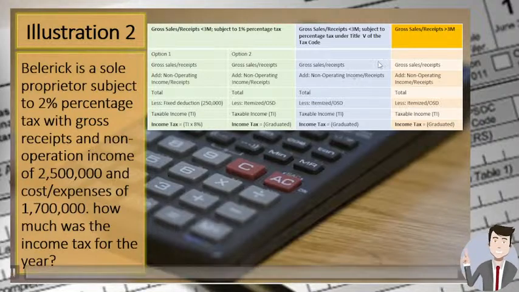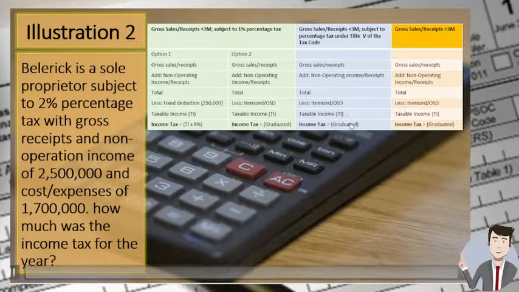So in short, Mr. Belleric will fall under the third column: gross sales receipts less than 3 million but subject to percentage tax under Title 5 of the tax code. If we examine the formula, nothing's changed. It's the same. Gross sales receipts, add non-operating income, you arrive at your total income, less your itemized deduction or OSD, as the case may be. And that would arrive at your taxable income.